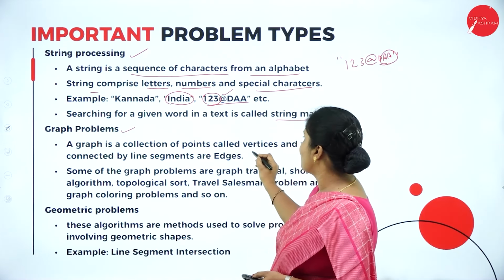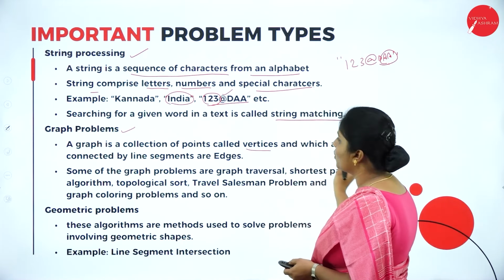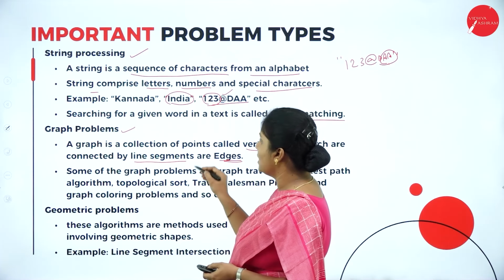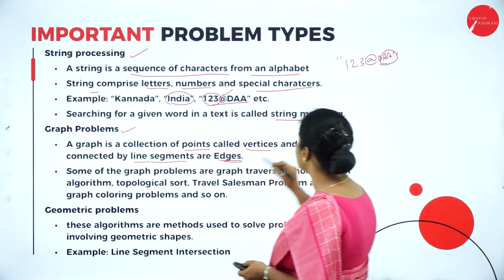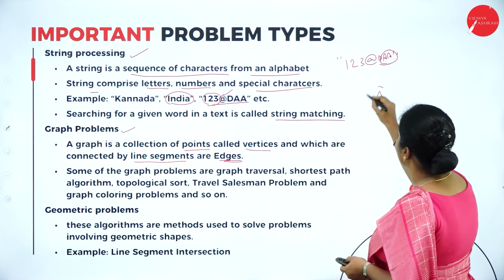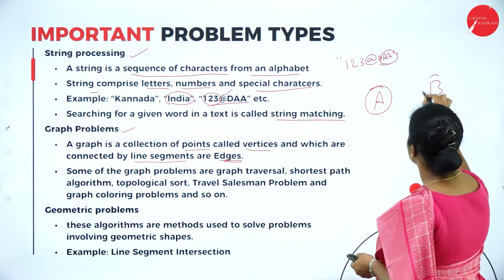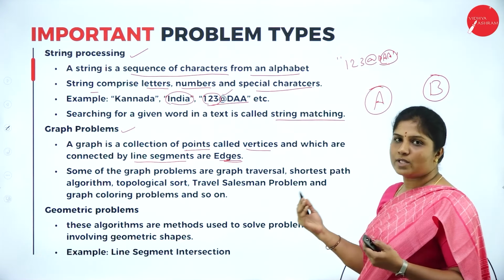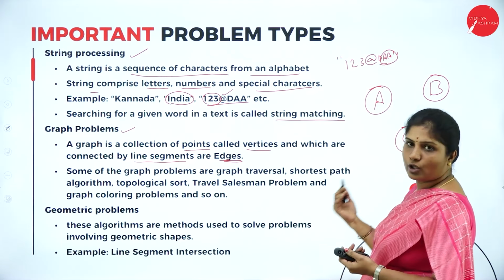A graph is a collection of points called vertices, which are connected by line segments called edges. The collection of points, as all of us know, means a graph contains nodes or vertices like this, three or more. You can take as many as you want based on your problem.